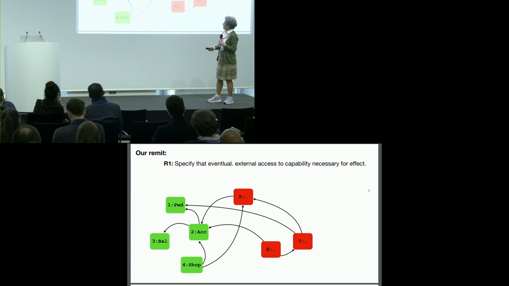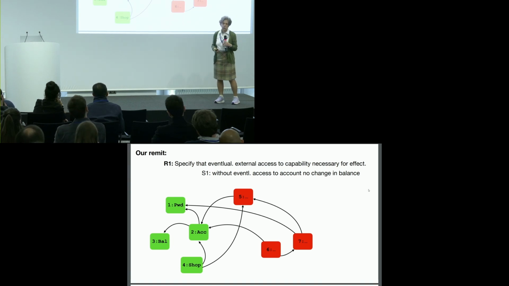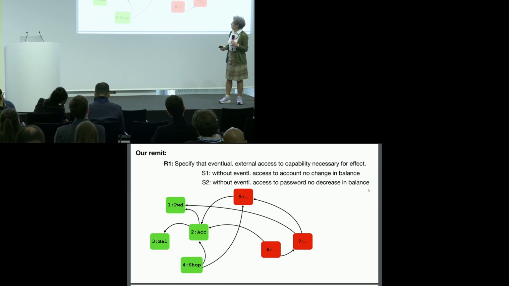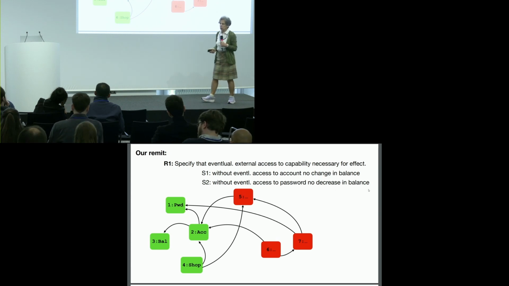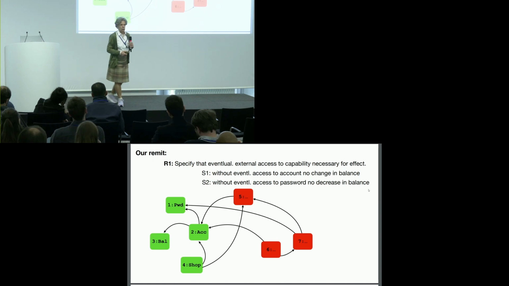So the first remit is to specify this, and what we would say is without eventual access to an account, you cannot modify the balance of the account. The second specification is without eventual access to the password, you cannot remove money from the account, you cannot reduce the balance.